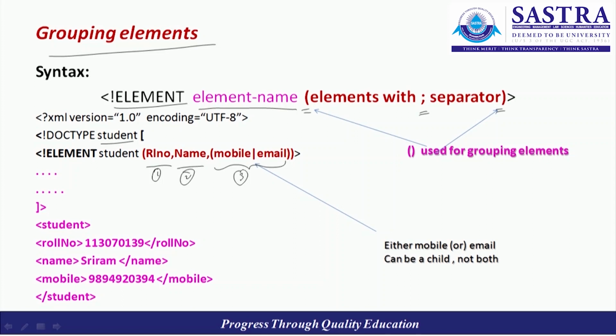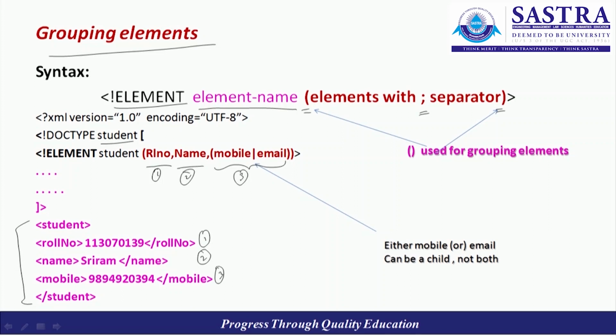So, how many groups of elements are here? Roll number is one, name is second, and mobile or email will be a third child. In this example XML document, student carrying roll number is the first child, same sequence I have maintained, name is the second child, and mobile or email will be the third child, not both mobile and email.